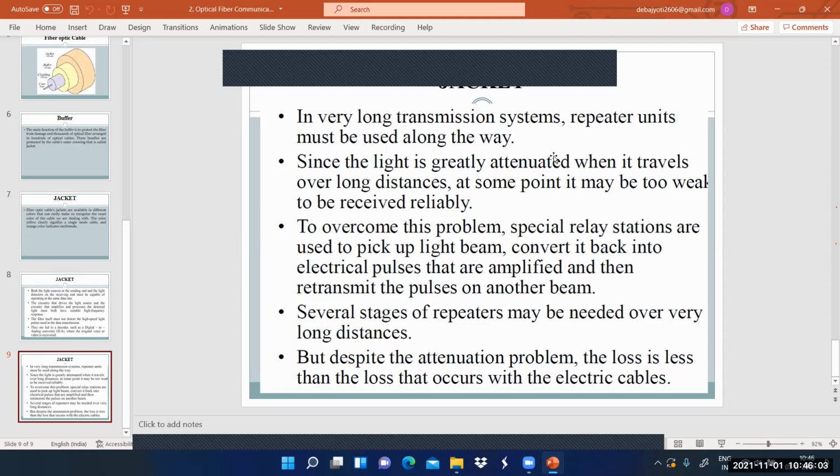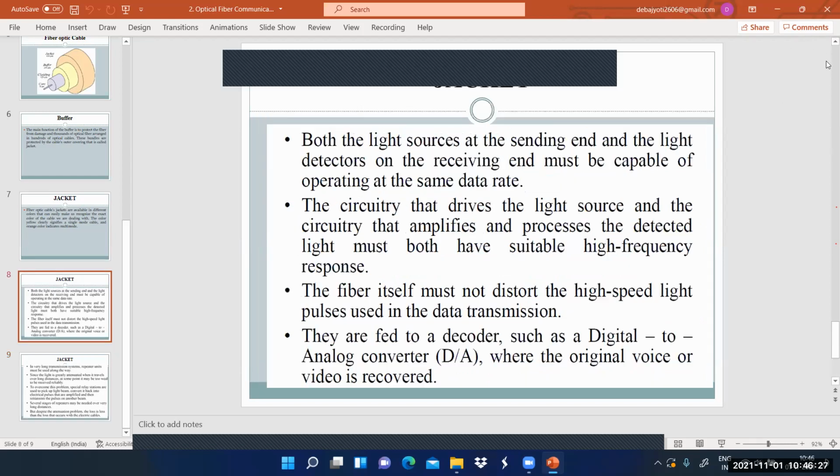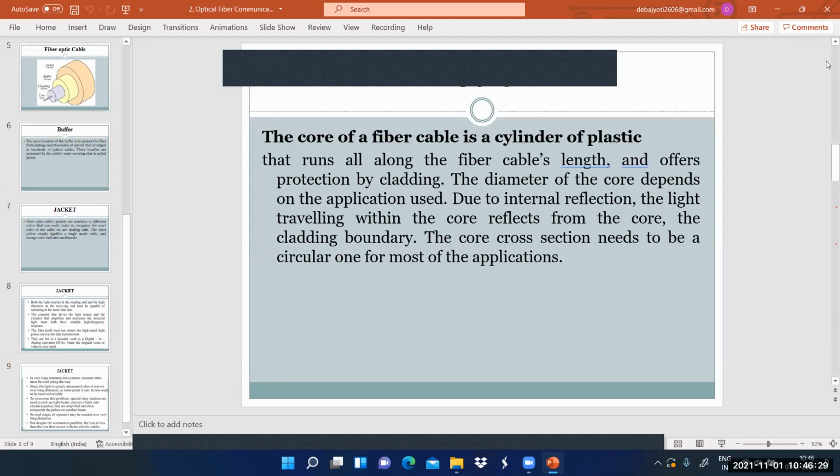Okay, so we are getting less signal loss with the help of optical fiber cable, and this is the main advantage of optical fiber cables. These are the main four parts of optical fiber cable I have discussed.